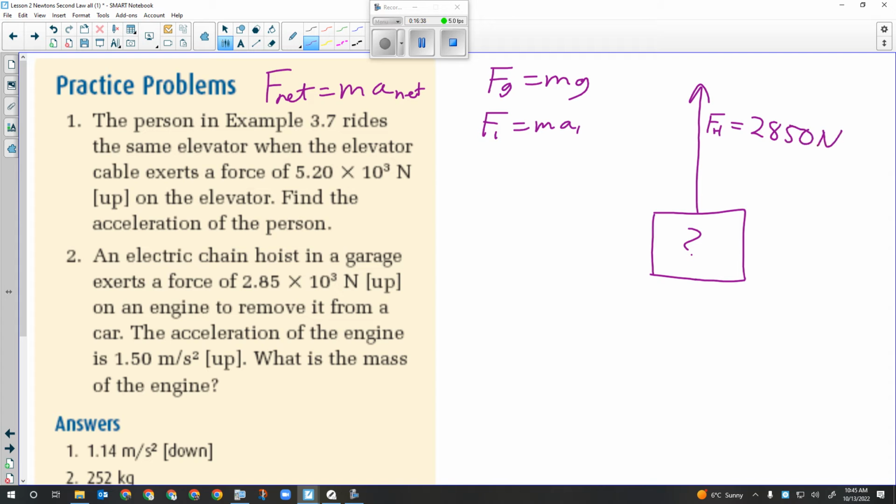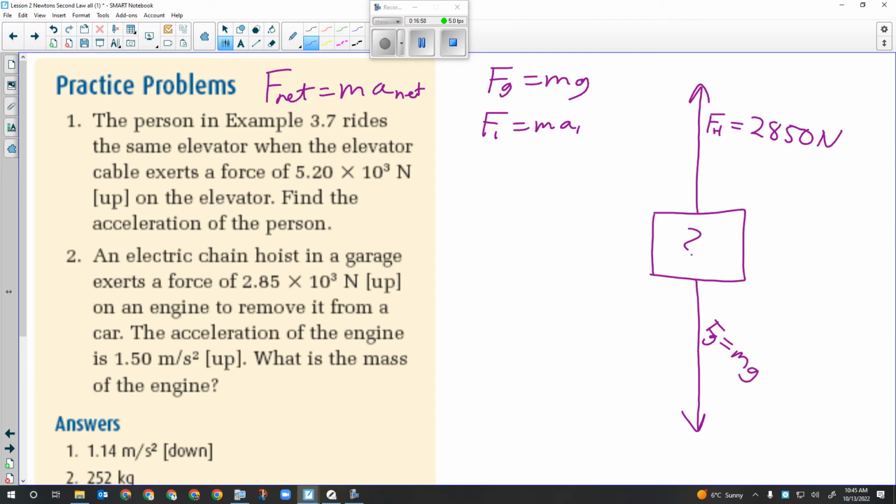I also know that this is an elevator, so there should be a force of gravity down here, which I would calculate by going m times g. Problem is, I can't do that, because I'm missing m.